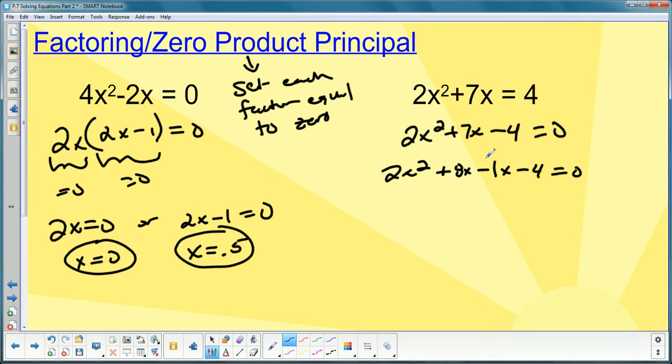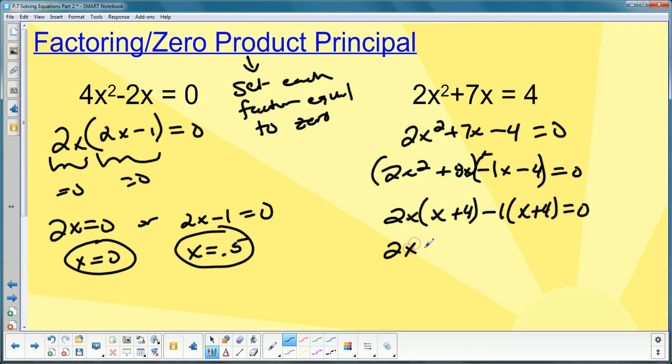I got those two numbers because 2 times negative 4 is negative 8. Factors of negative 8 are 8 and negative 1, and 8 and negative 1 add up to 7. So if I factor by grouping, I can factor out a 2x from the first pair, which gives me x plus 4. I can factor out a negative 1 from the second pair, which again gives me x plus 4.